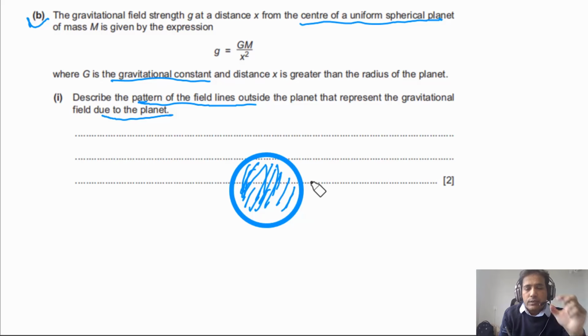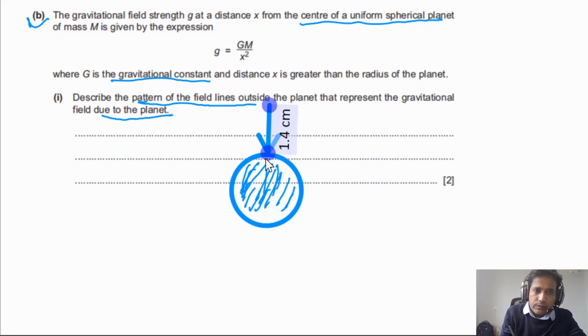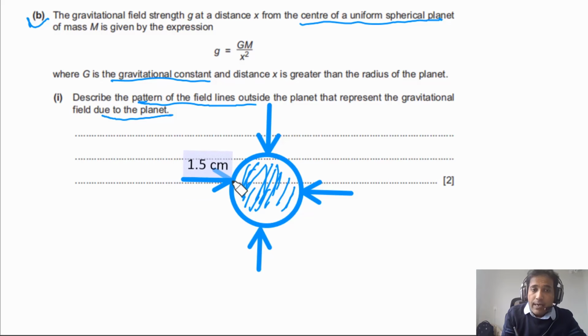We need to understand gravity is an attractive force, so you need to draw the arrows inwards. You need to draw at least 4 arrows, but they have to be inwards, and these arrows also have to be equally spaced.